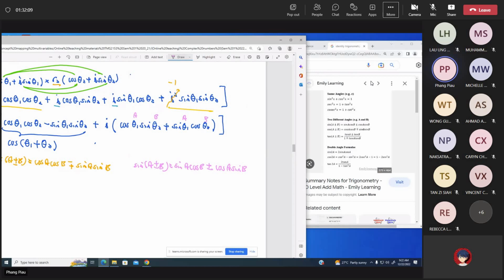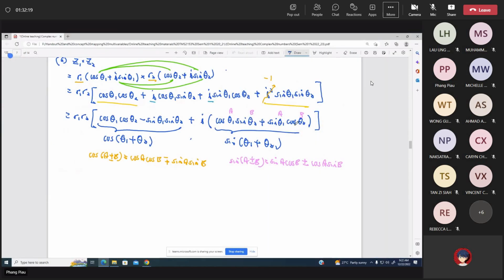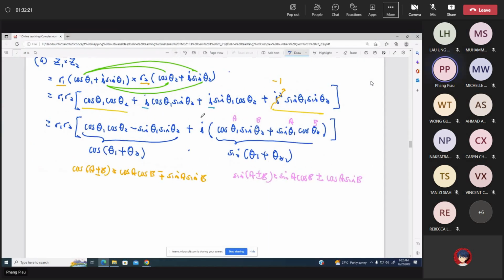You can put it this way as sin theta 1 plus theta 2. All you need to do is expand, then use your trigonometry identity to simplify that.